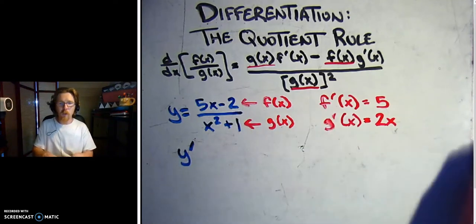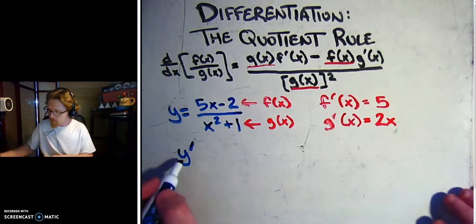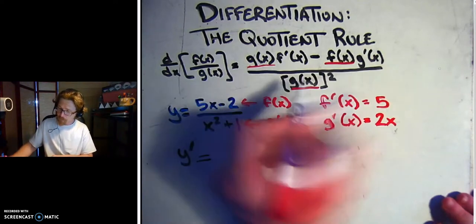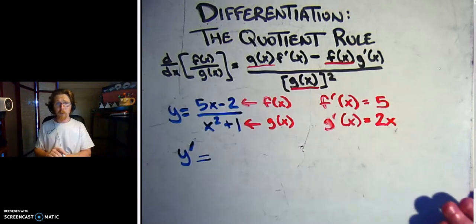I can now just go to my y prime, the derivative of y, and I'm just going to write in these pieces using substitution.